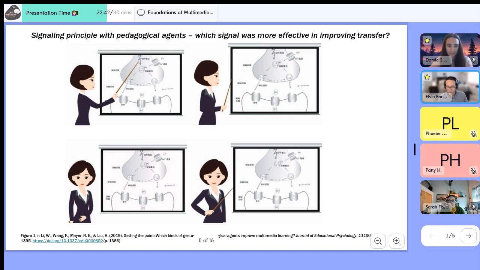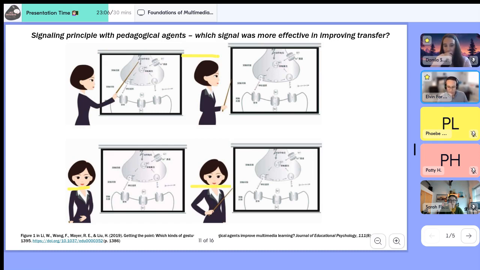Okay, pretty straightforward. Yep, you guys are on it. So there's an effect. This is with the pedagogical agent, but the agent pointing to the relevant part of the graphic makes sense. And what I found interesting is that the contact with the learner was irrelevant. It didn't matter if this agent was looking at the screen.